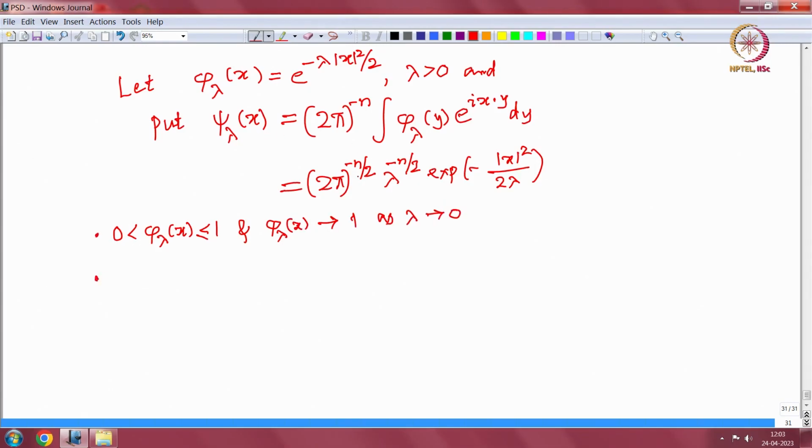Because of this constant, the integral of psi lambda is also non-negative, but the important thing is it is 1, and that is where this constant is chosen, and psi lambda is of course greater than or equal to 0. Okay.